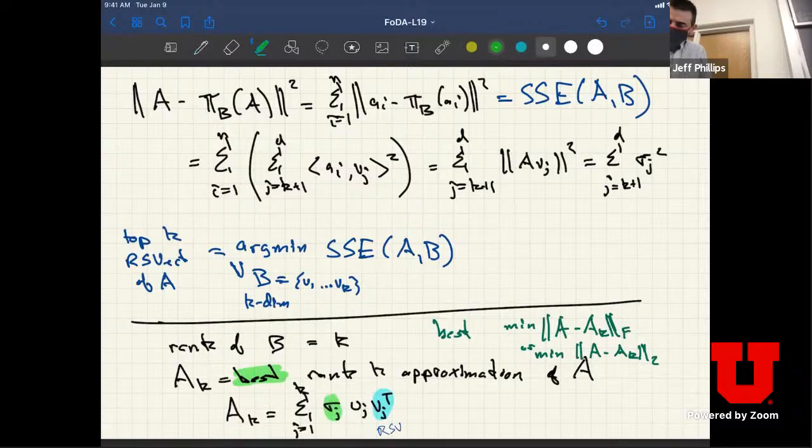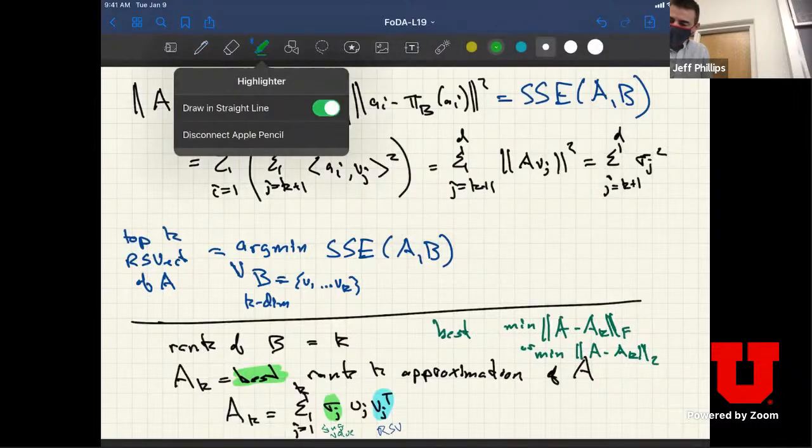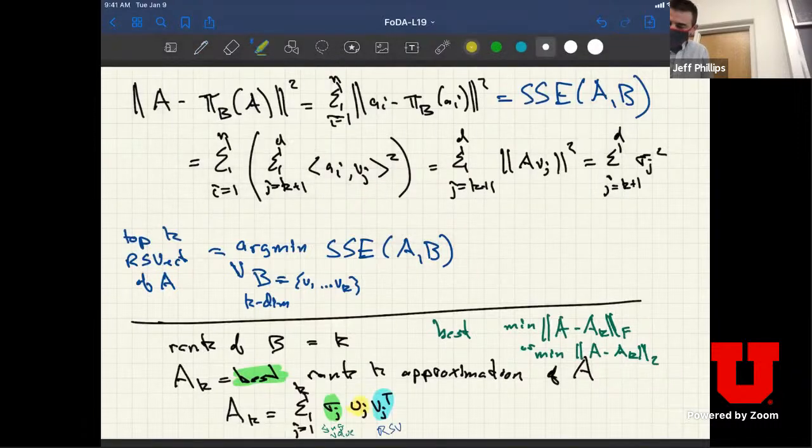Again, the sigma j is going to correspond with the singular value. And now I need this other term here, this u_j, and this will correspond with the left singular vector.